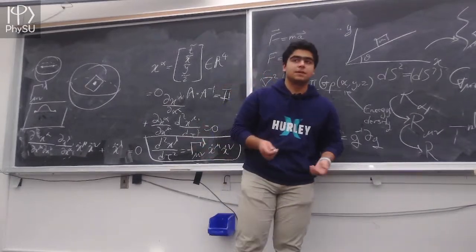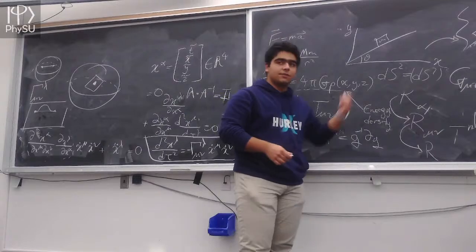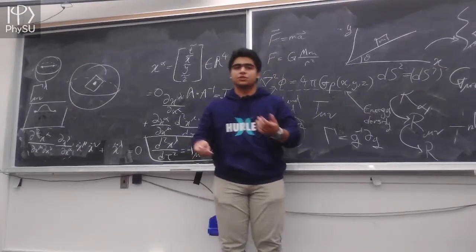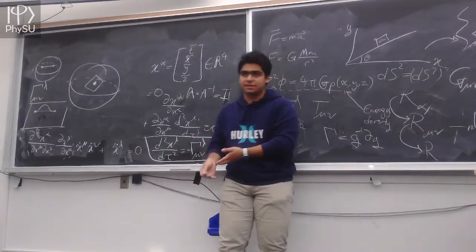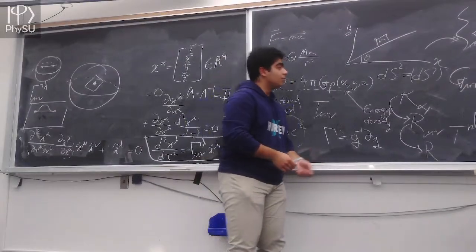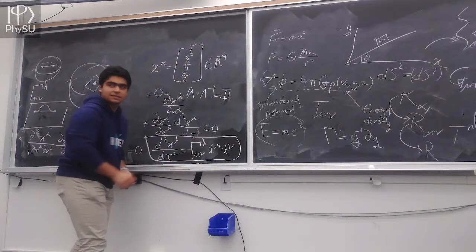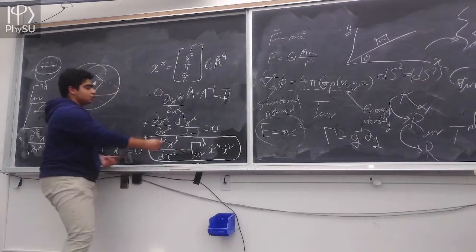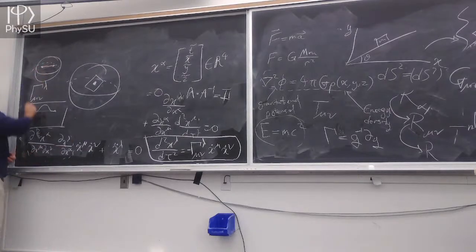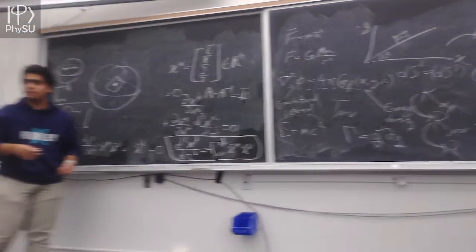And the answer is yes, because the Einstein field equations are partial differential equations, which we solve for the metric tensor. Once you solve for the metric tensor, you substitute it into this geodesic equation. And remember, the geodesic equation tells us those straight line paths in that curved spacetime.